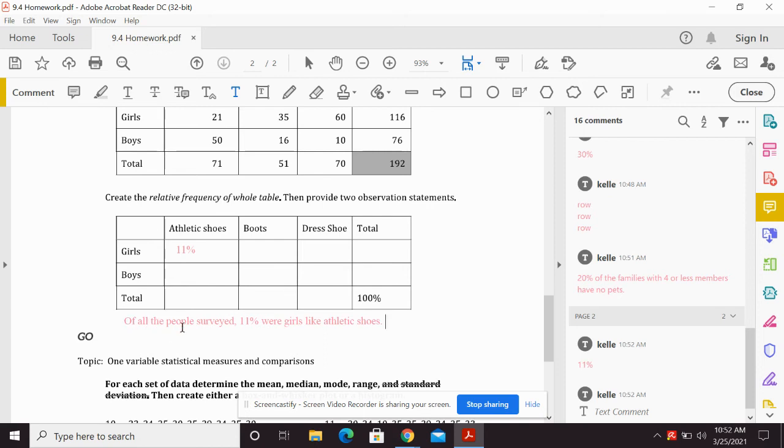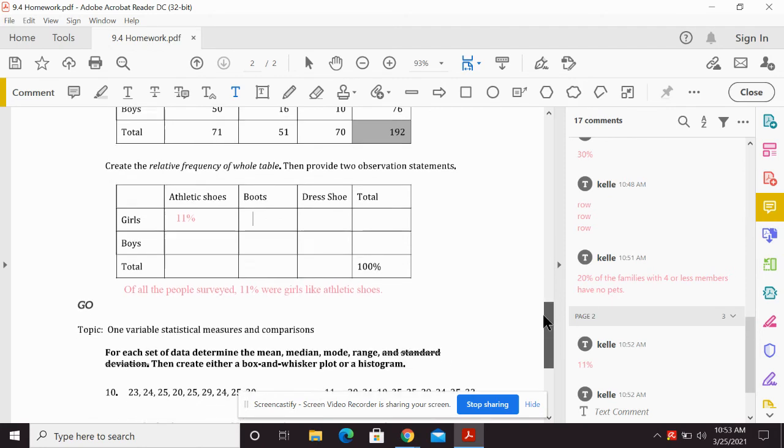Of everyone surveyed, 11% were girls that like athletic shoes. If you figure out this other one, then your observation would be of all the people surveyed, some percent were girls that like boots.